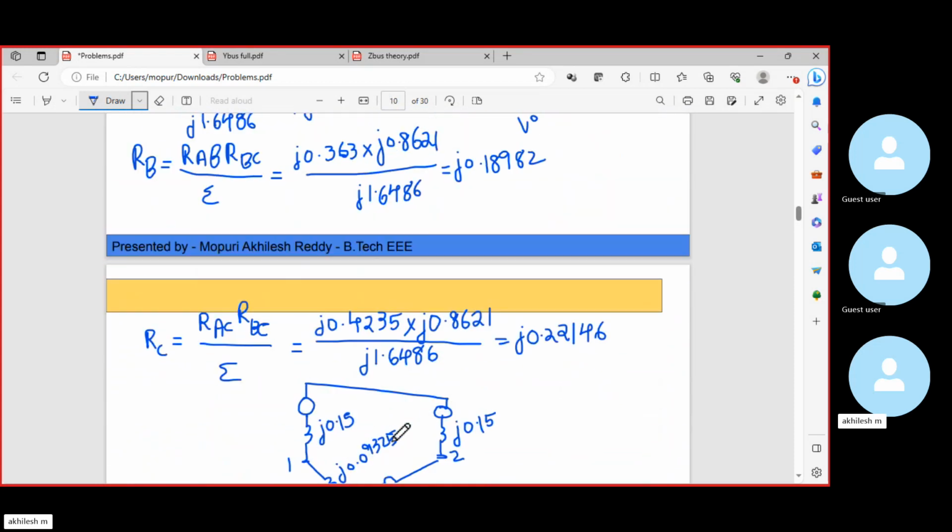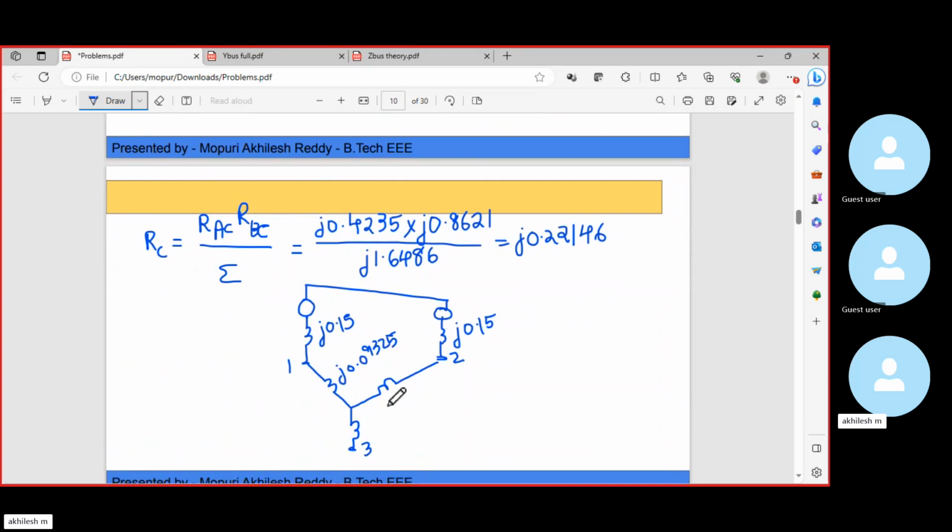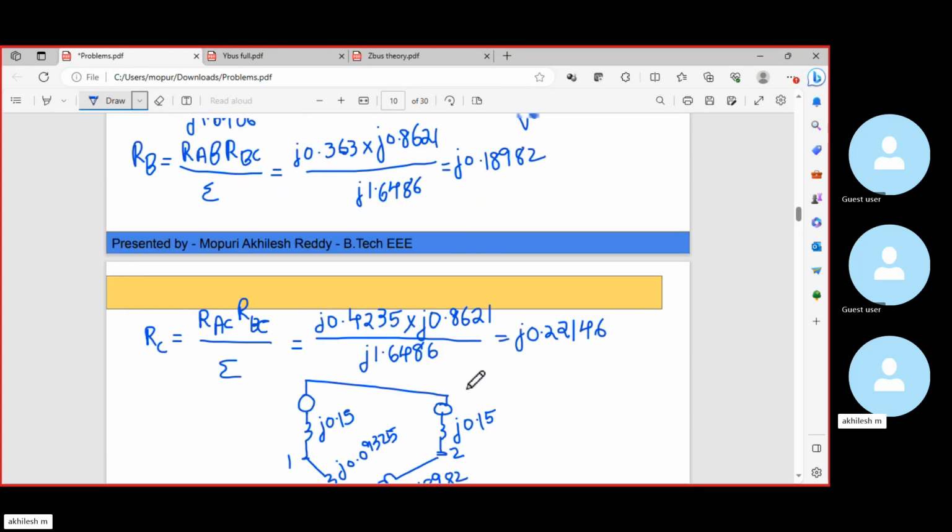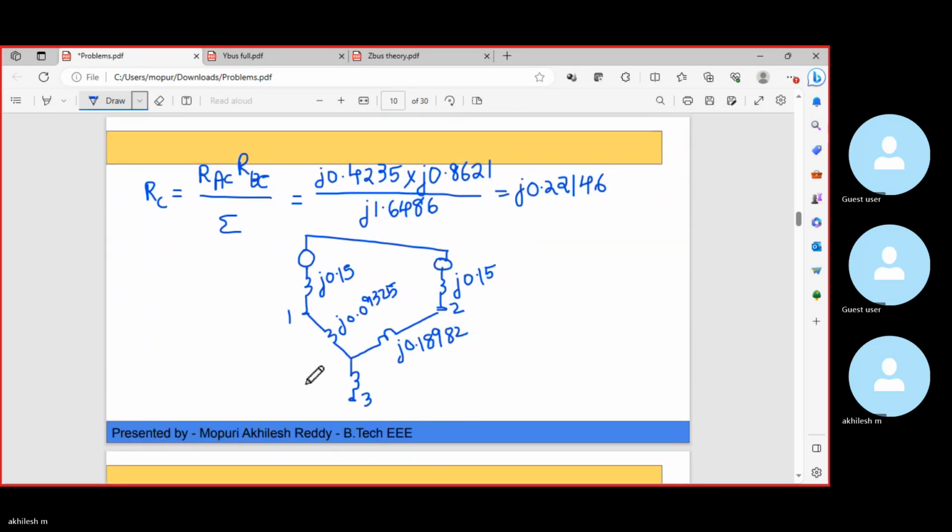Similarly, RB is J 0.18982. And here RC is nothing but J 0.22146.